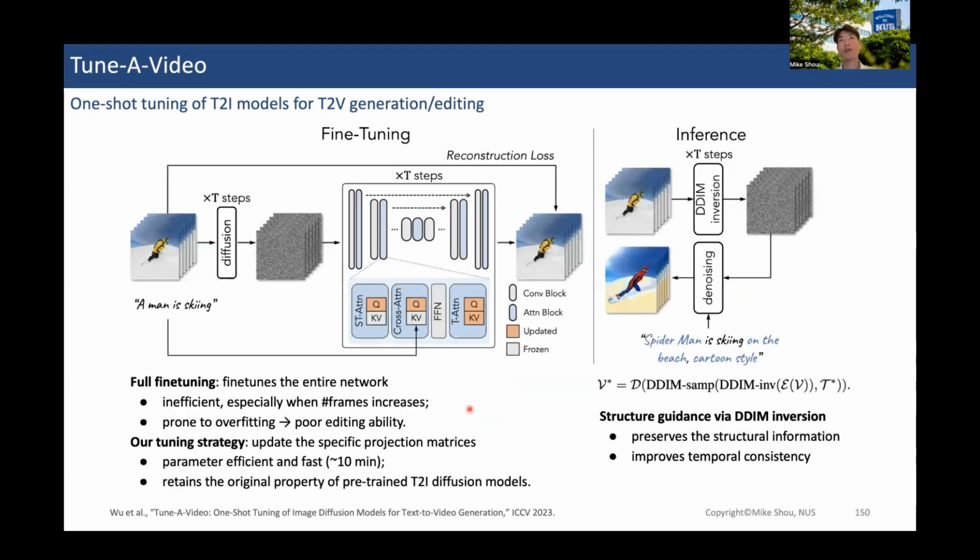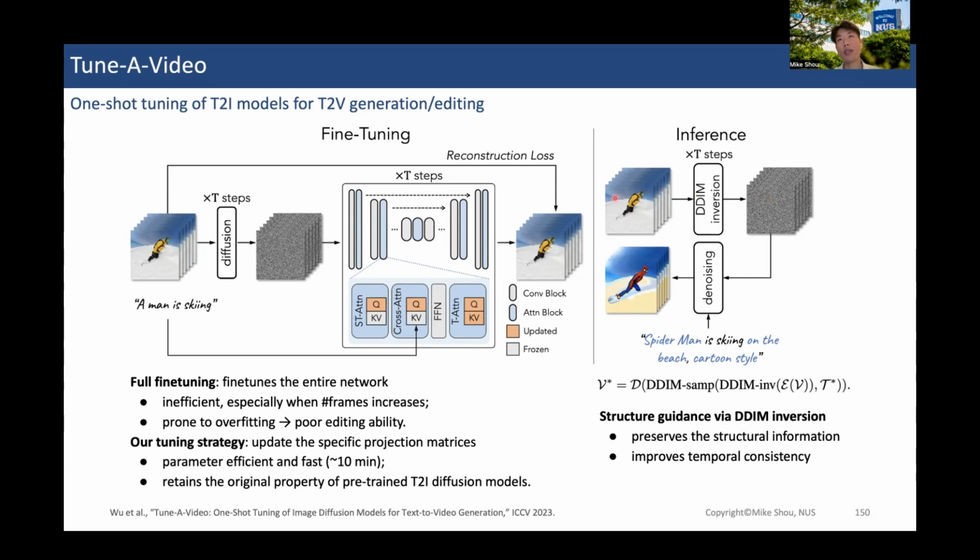Another strategy we found to be quite effective is DDIM inversion. As we mentioned in the fundamentals, DDIM inversion essentially uses the chained denoiser to derive the initial noise that can lead to, or generate, this image. So it preserves some structural patterns of the input image.